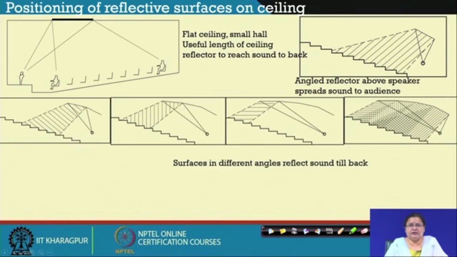You see, if you can actually keep on adding reflectors one by one, then sound from the source directly hitting those reflective surfaces can direct sound to the entire hall. So, you see here, this picture also shows how the maximum sound is received at the central part of the auditorium, apart from the side reflections, apart from other phenomena.